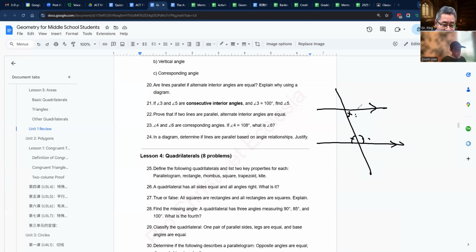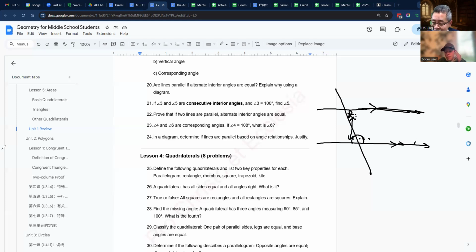If that's the case, then those two lines will never touch. And we can see why. Assume that if they touch, then we have a problem, because this and this already add to 180, and we know that a triangle cannot have more than 180. So therefore they cannot make a triangle. And that's how everything we started with is based on the two consecutive interior angles being supplementary. And because of that, alternate interior angles have to be congruent.